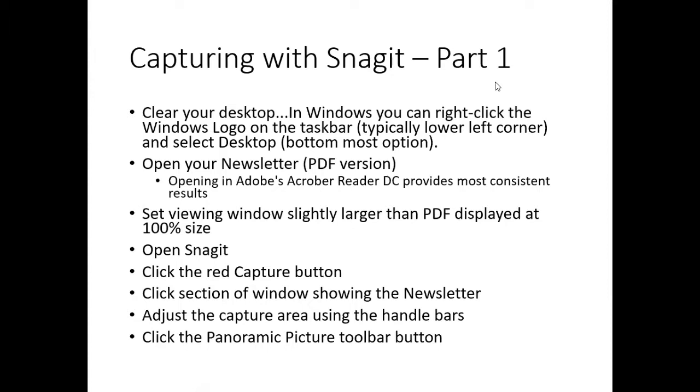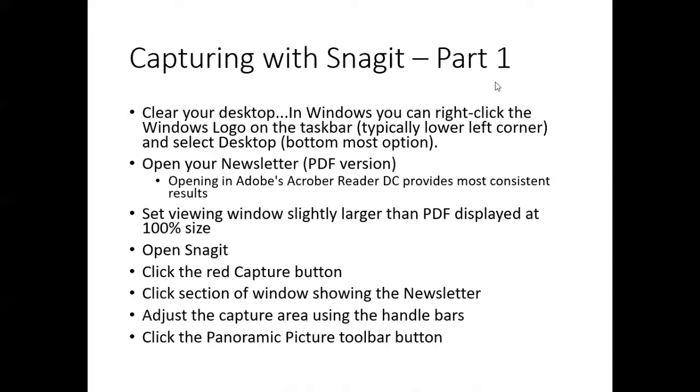Next thing I recommend is that you open up your newsletter, your PDF version of the newsletter, and I recommend that you use Adobe's Acrobat Reader DC application, because that provides the most consistent results, as opposed to some systems nowadays that open by default in their web browser, for instance.